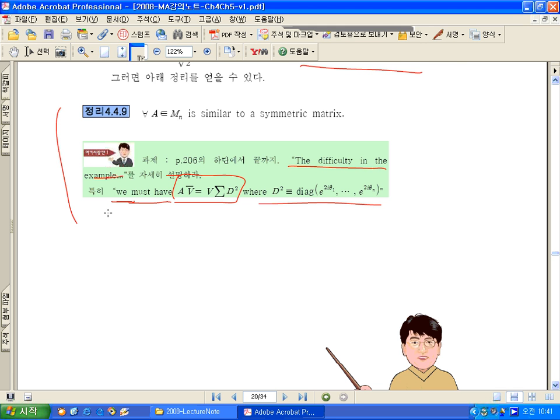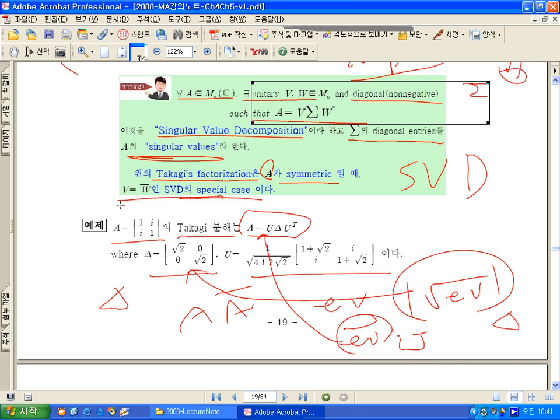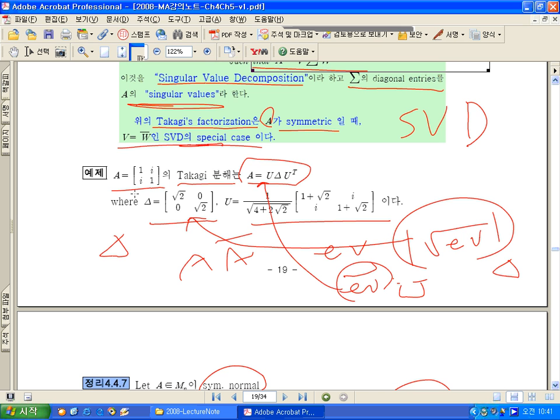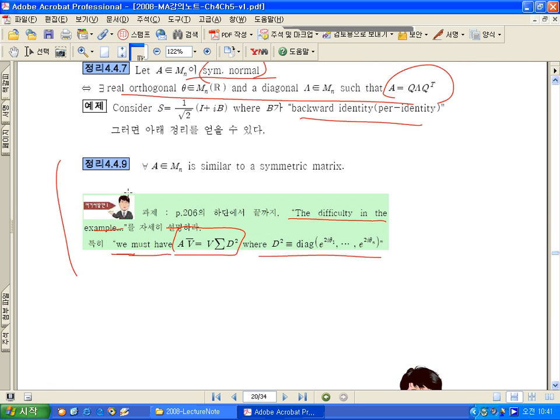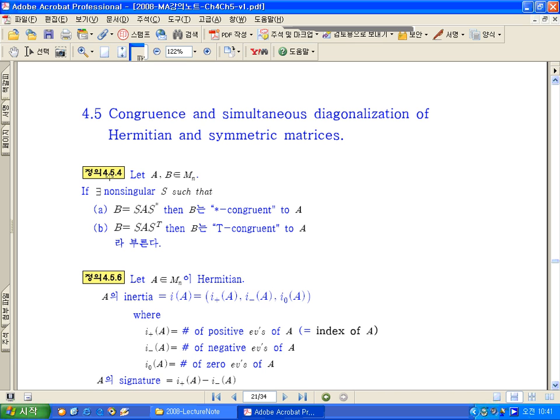I haven't seen much of that, but as you see, this Takagi factorization leads us to the singular value decomposition, which will be very important, not only 50 years ago, but also these days and for the days to come. Okay. Any questions on section 4.4?